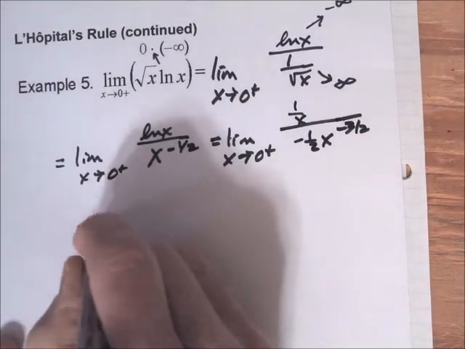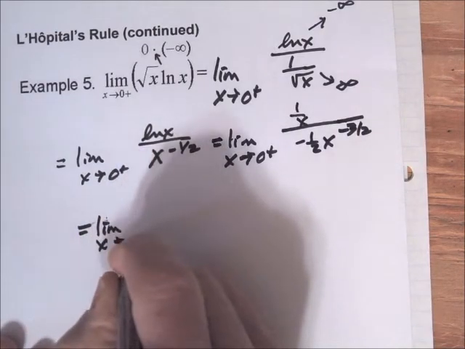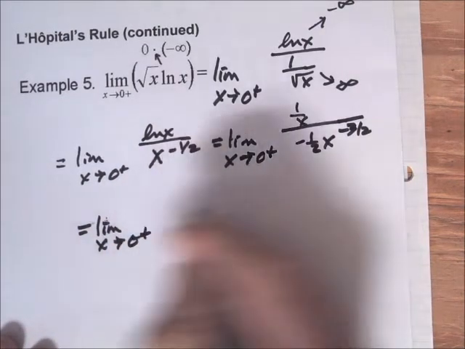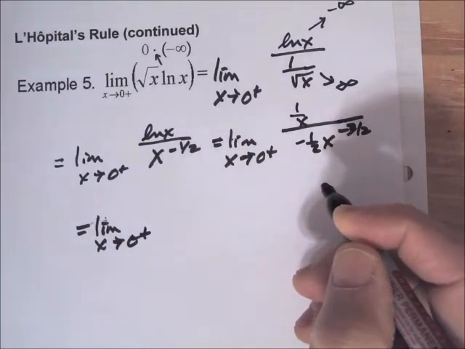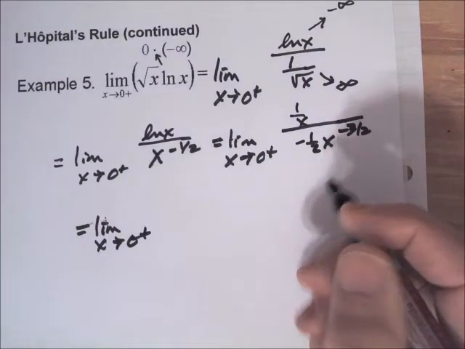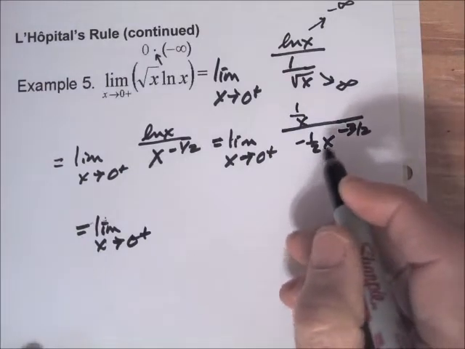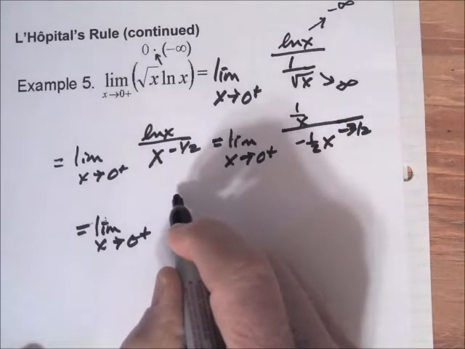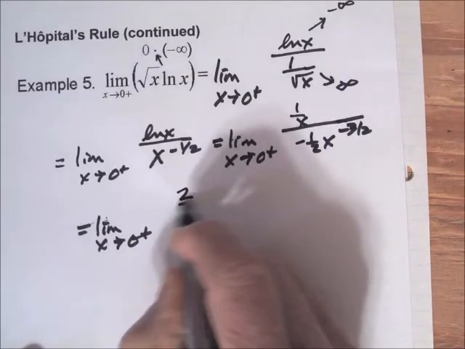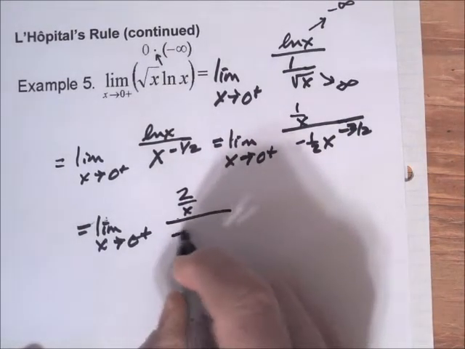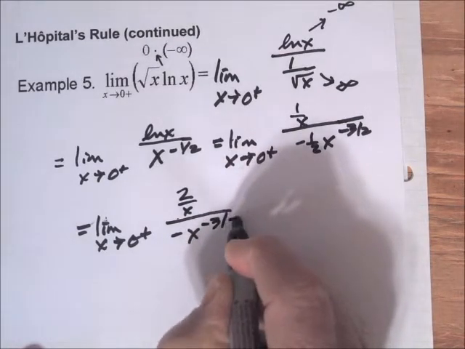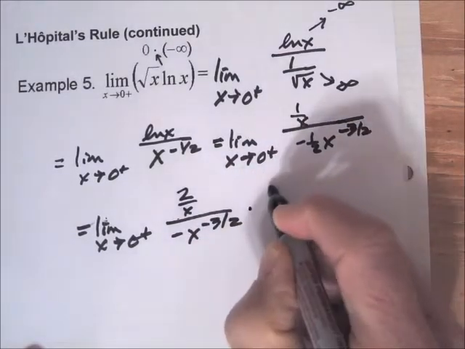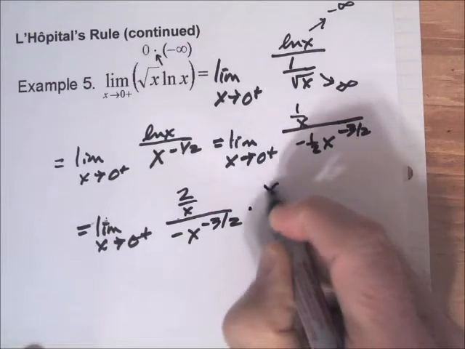If we multiply top and bottom by 2, we get 2 over x over minus x to the minus 3/2. Multiply top and bottom by x to the 3/2.